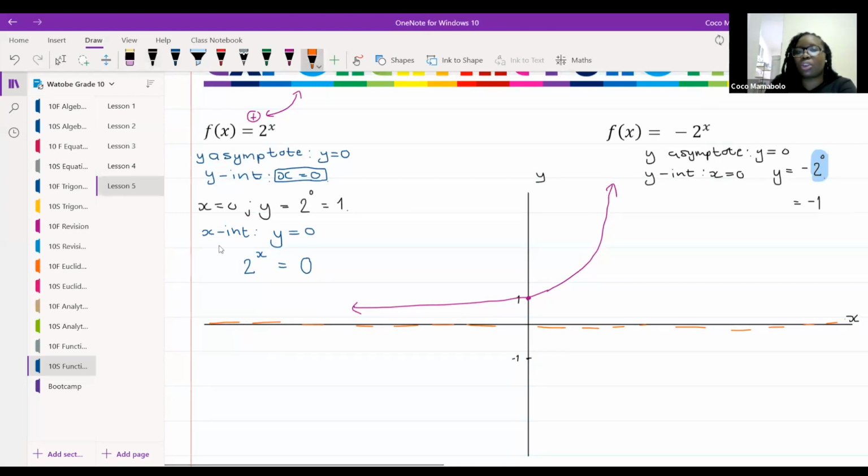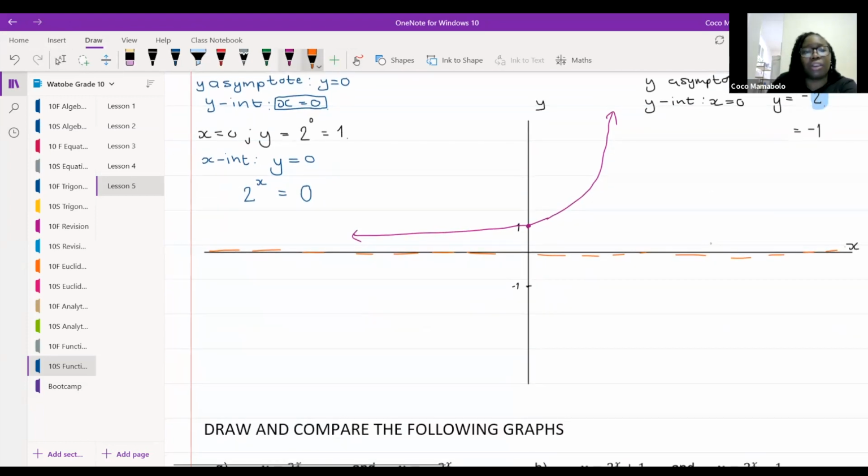Because this graph is negative, guys, my exponential graph will curve downwards like that. So we will draw our graph down here in this direction.